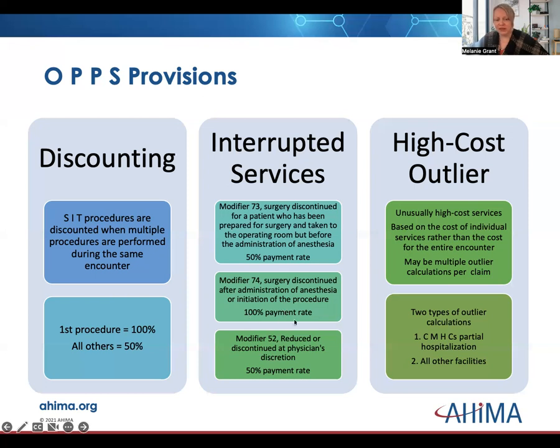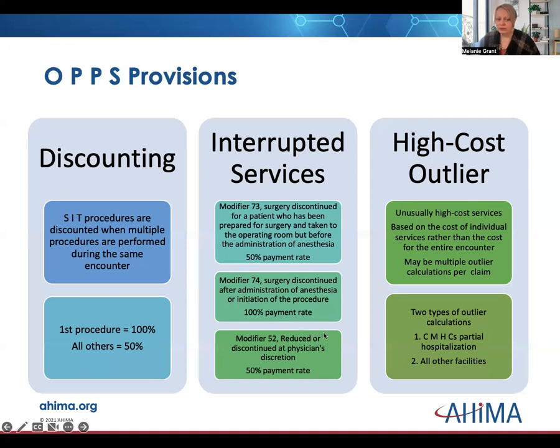So with something like that, we're telling Medicare or whoever we're billing that the procedure was attempted and we get 100% reimbursement for that service, even though it wasn't completed. This is extremely important to report because even though it doesn't affect the payment, it allows us to attempt that procedure at a later time when it's more medically appropriate for our patient.